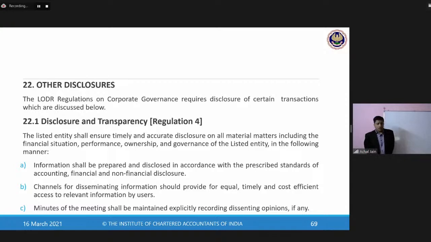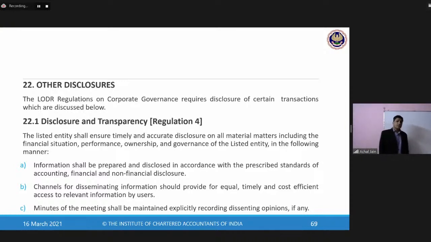Now, the board of directors and the audit committee are those who are involved in the functioning of the organization. They are involved in the significant policy making for the organization. And that's why some of the things which are getting discussed are required to be properly documented in the form of minutes. And even if certain matters were discussed wherein there were certain dissenting opinions, that should also be brought out clearly in terms of maintaining the information by all the listed companies.